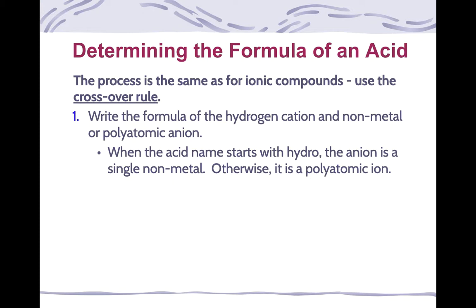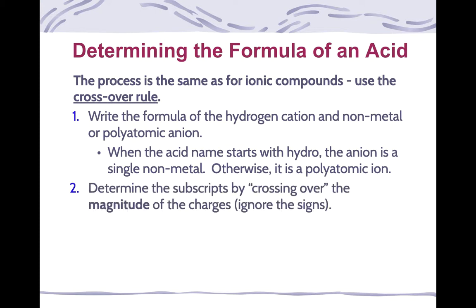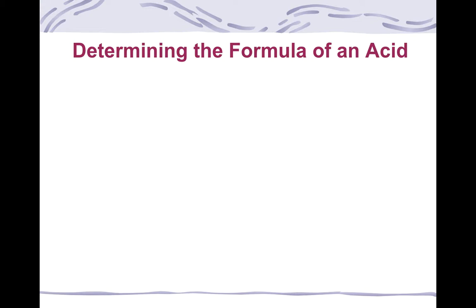If it doesn't start with hydro, then you need to use a polyatomic ion. Determine the subscripts by crossing over the magnitude of the charges, ignoring the signs. Reduce the subscripts to the simplest ratio, and then you'd have the formula of the acid.